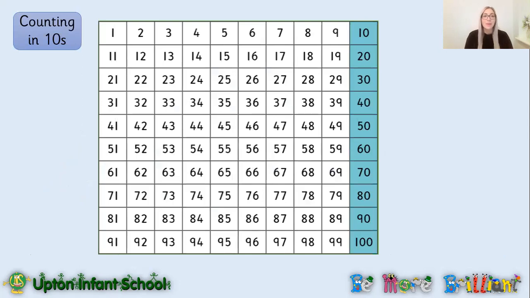Okay, first warm up, counting in tens. Remembering that we do start on 0. We're going to count forward in tens, and then we're going to count backwards in tens. Okay, so off we go, starting at 0. 0, 10, 20, 30, 40, 50, 60, 70, 80, 90, 100.